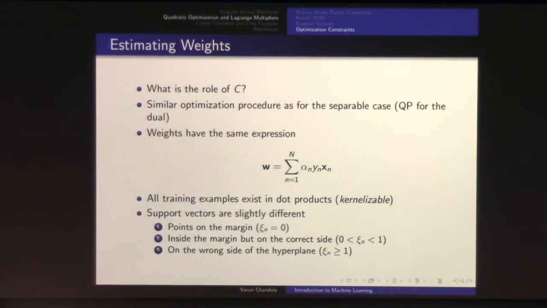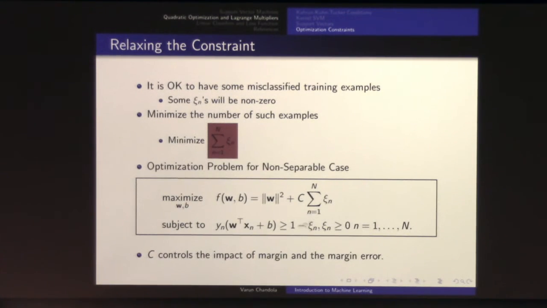This is the optimization formulation, as I said. You can use the same approach to solve this optimization problem: you convert all of these inequality constraints, put them here, and make it a Lagrangian formulation.